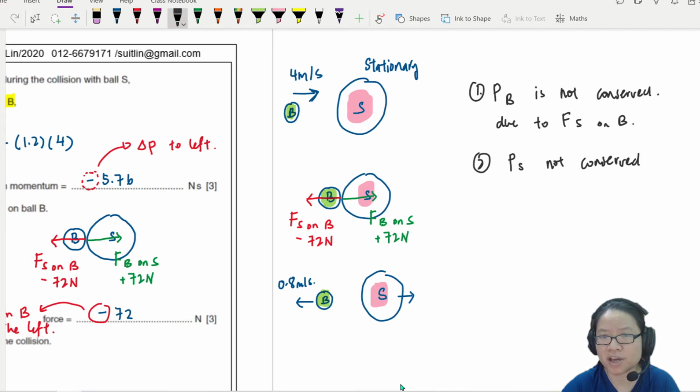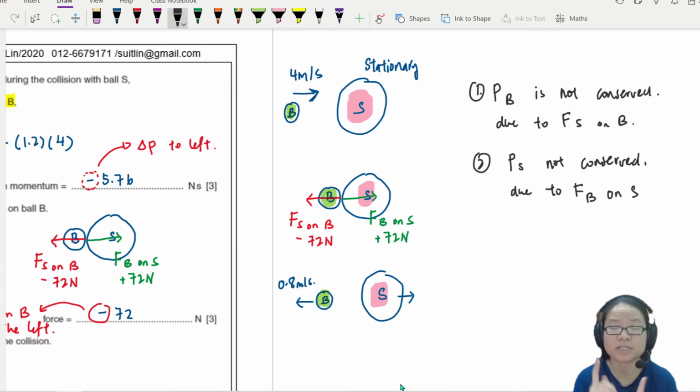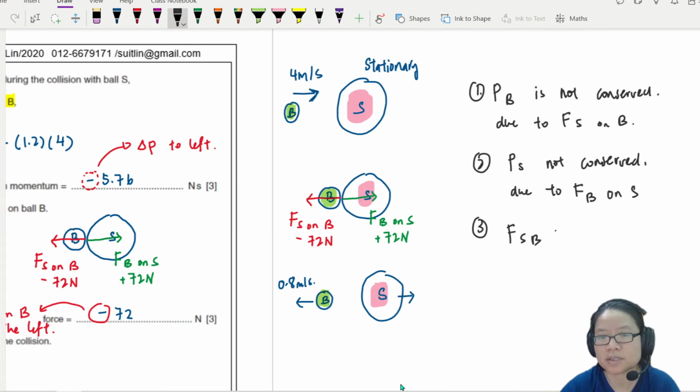Why is the momentum of S not conserved? This is due to the force of B pushing on S. And these two forces are equal in magnitude, opposite in direction. Force of S on B is equal to force of B on S. The magnitude is the same, thanks to Newton's third law.